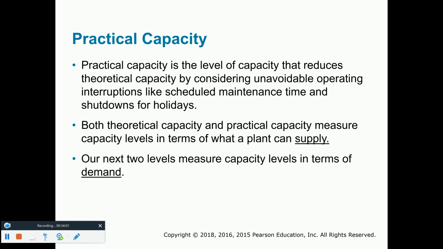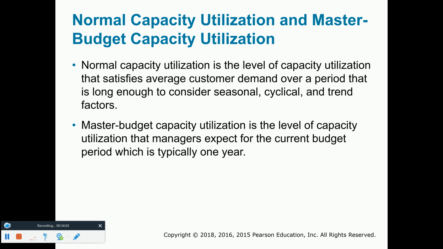Now, normal capacity is where we are producing to satisfy average customer demand. Now, the key word there is average, right? Average customer demand over a period of time where we consider seasonal cycles, cyclical cycles, trend factors. We have enough time period where we're figuring out an average over all of those ups and downs.